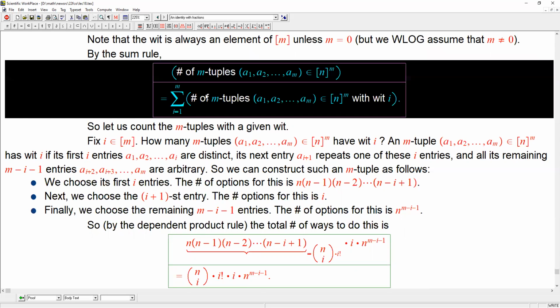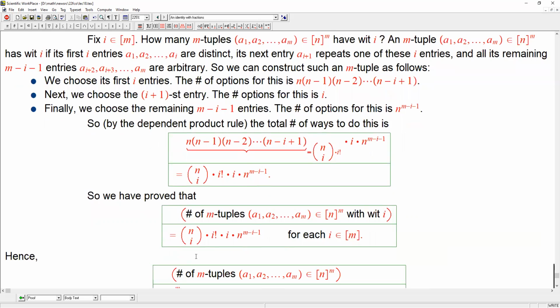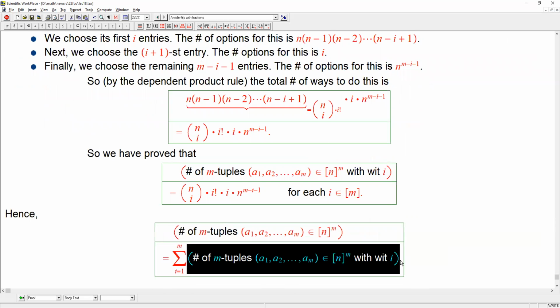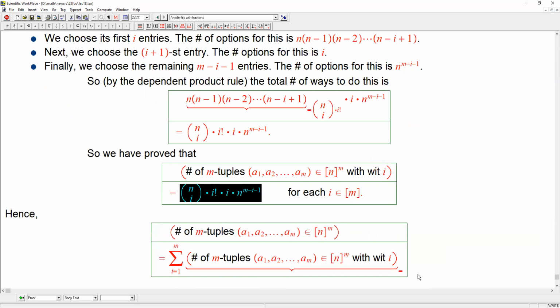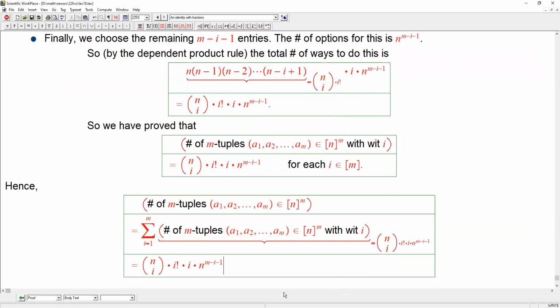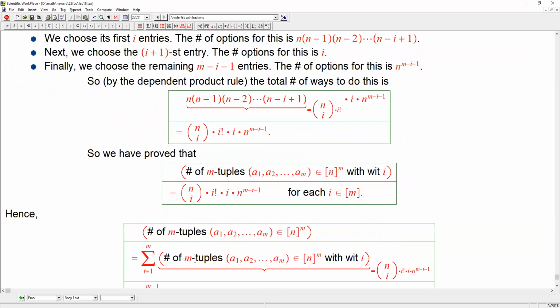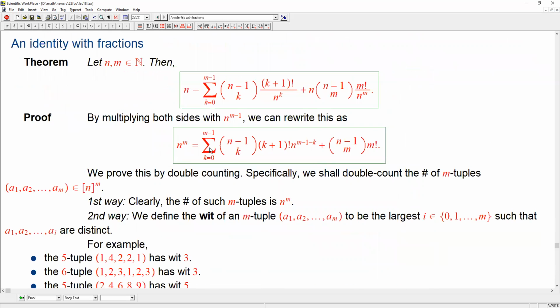And therefore, in our previous computation, you just plug in this formula and transform. Remember, we want to get something like this.